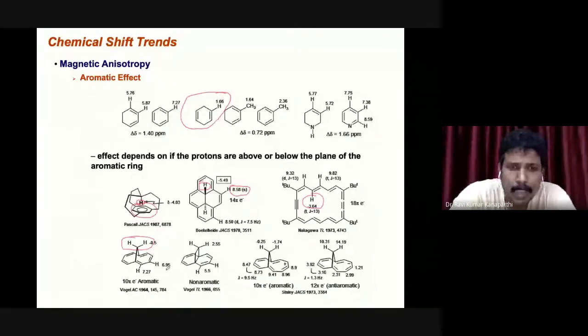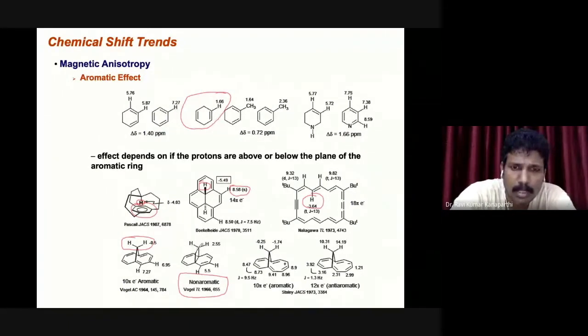Then when you come across a non-aromatic compound of this kind, the chemical shift values do not follow the trends of aromatic compounds; they follow the general trend.